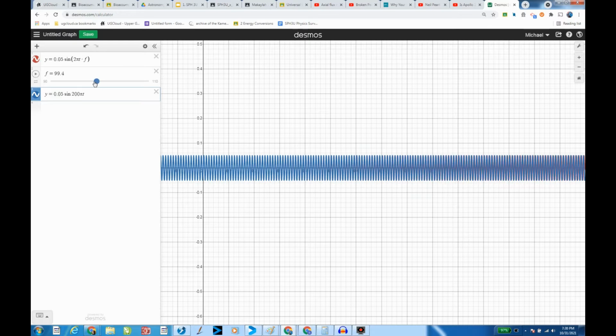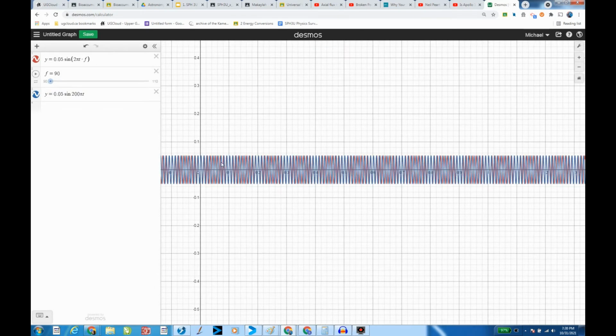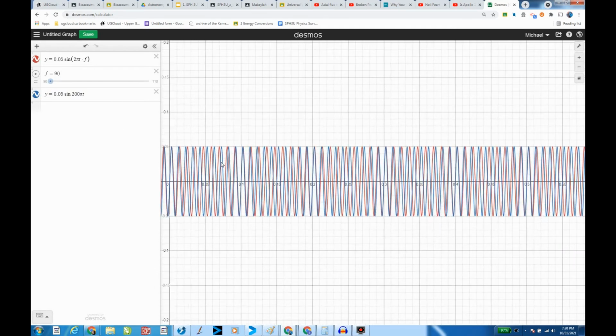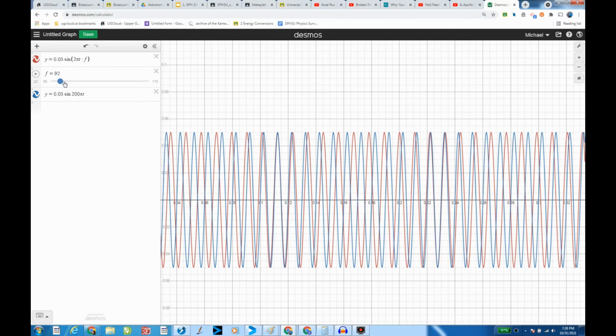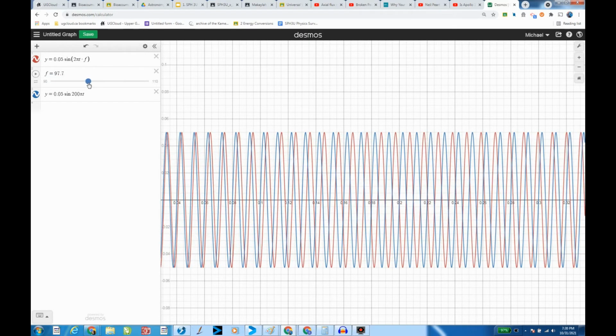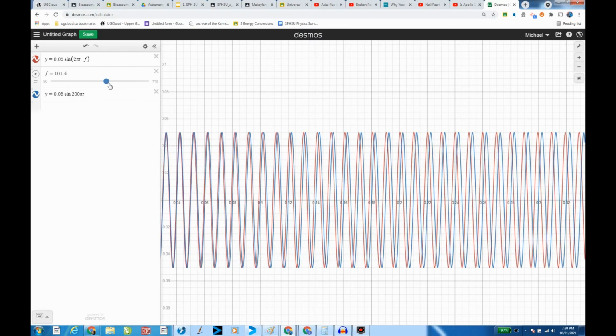Interesting. You see that effect? This is called the Moire pattern. If we get in close, it's easy to see what's happening here. The one wave is shifting.